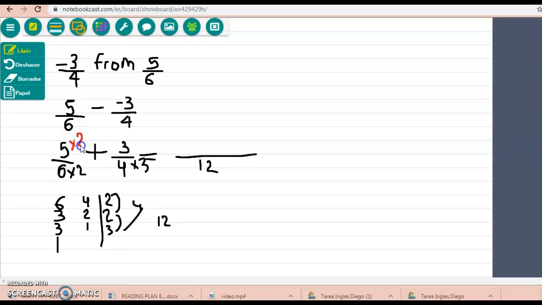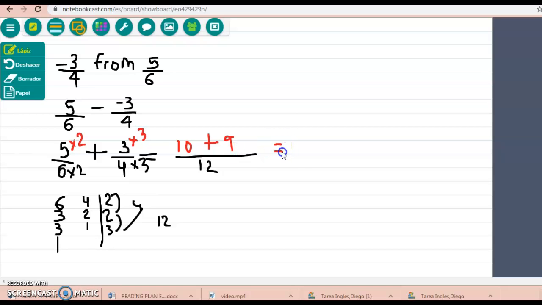If we multiply the denominator by 2, we're going to multiply the numerator by 2. Okay? So here it's the same, times 3 and times 3. Okay? 5 times 2, 10. And plus 3 times 3, 9.